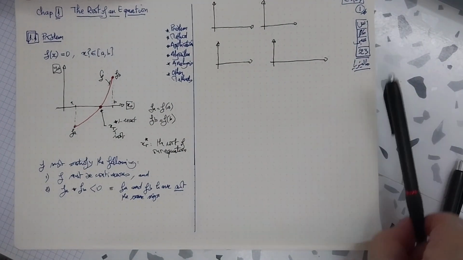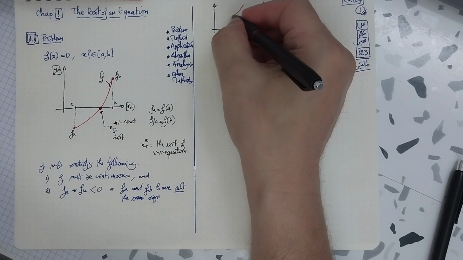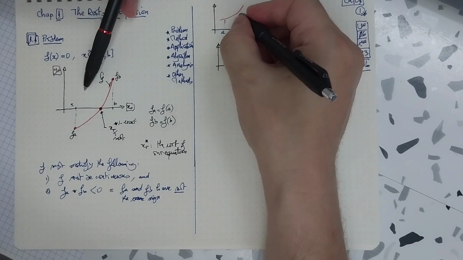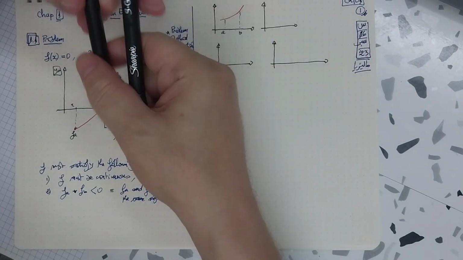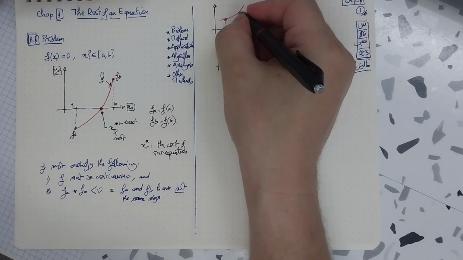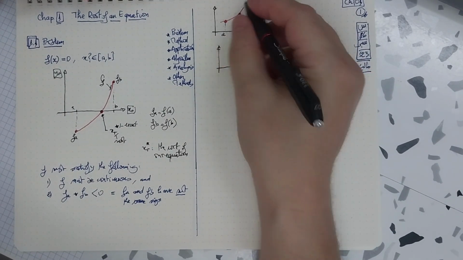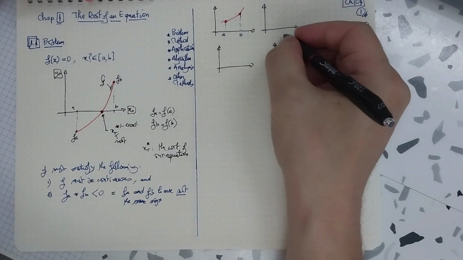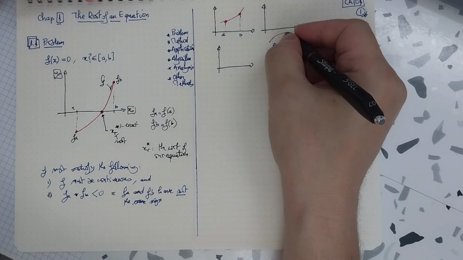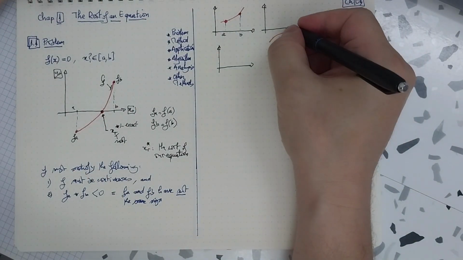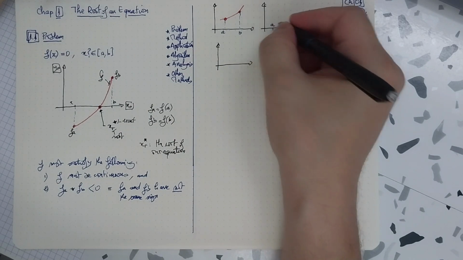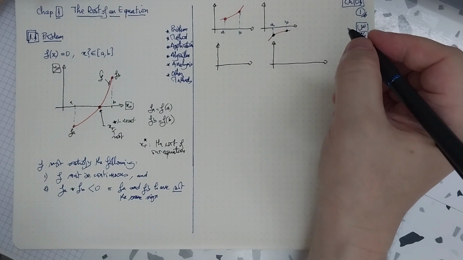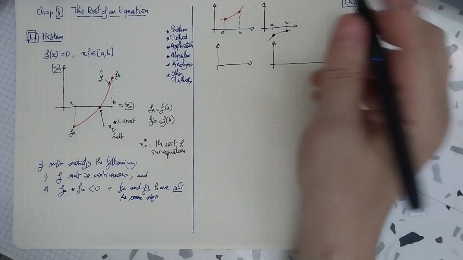So first, we have our curve like this above the axis. This is A and this is B, and their images are both positive. So it's impossible that the curve between A and B cuts the x-axis. Or like this, and the curve is below the x-axis. This is A, this is B. This is the image of A, and this is the image of B. Here also, we have no solution.